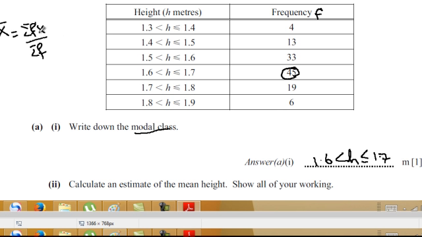Same is for summation f x. In order to add f x, we need x here, because f is already given to you. So for x we make a separate column, and for f x we will make another column.